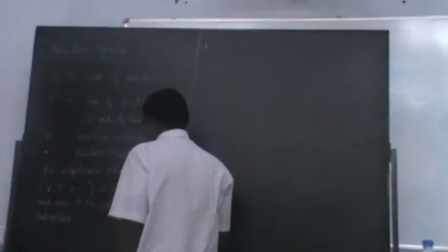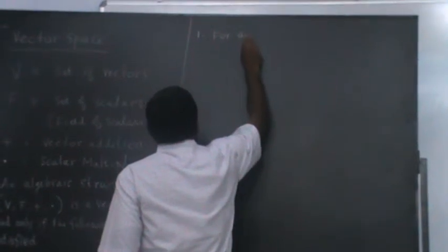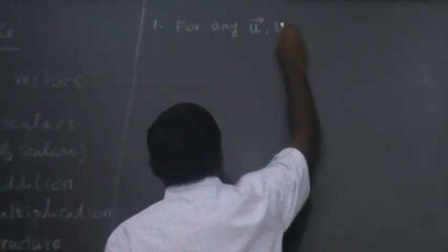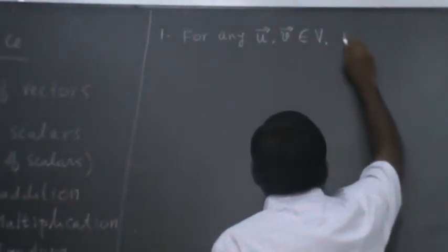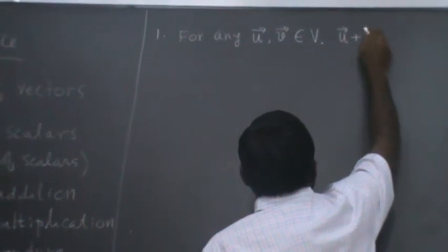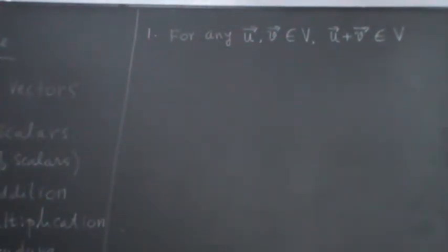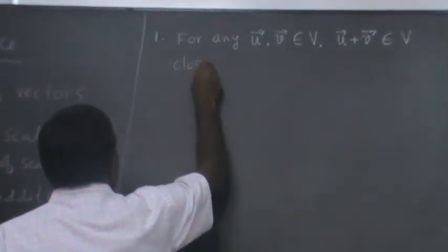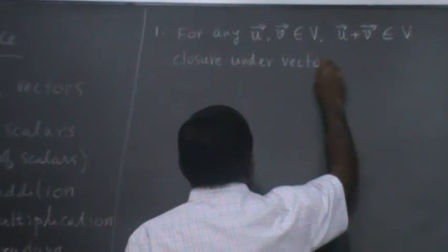First axiom: for any vectors u, v in V, u plus v should also be in V. This is called closure under vector addition.